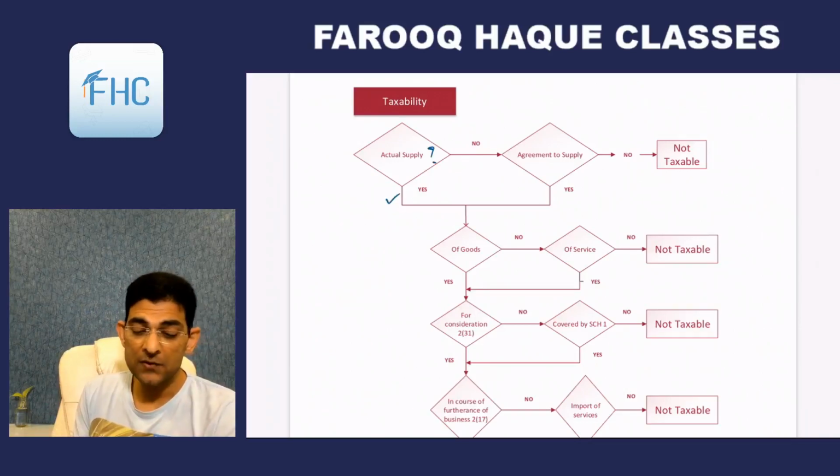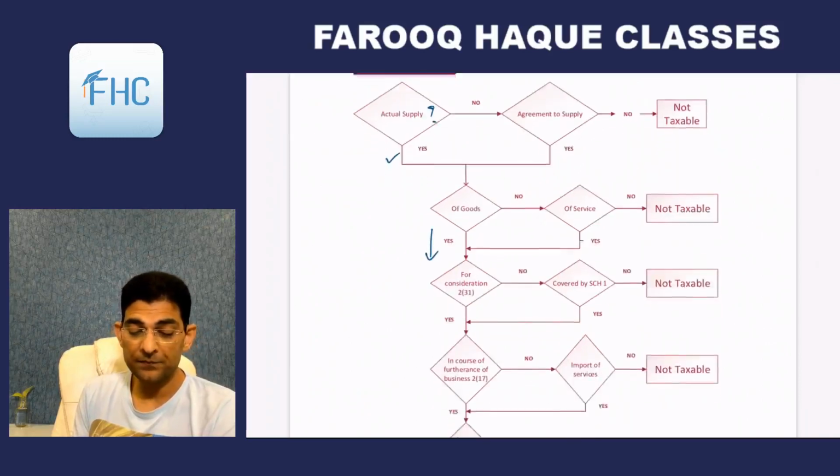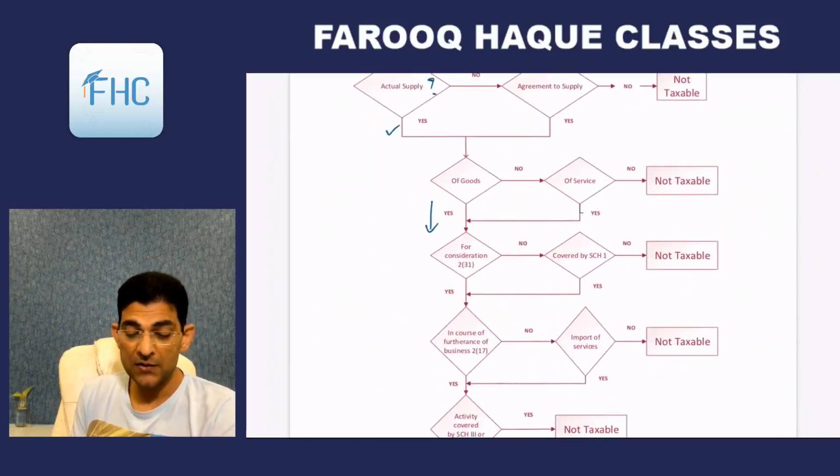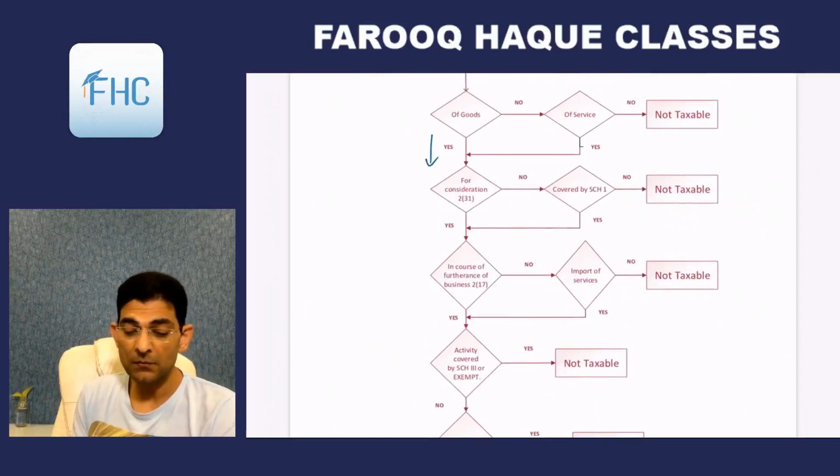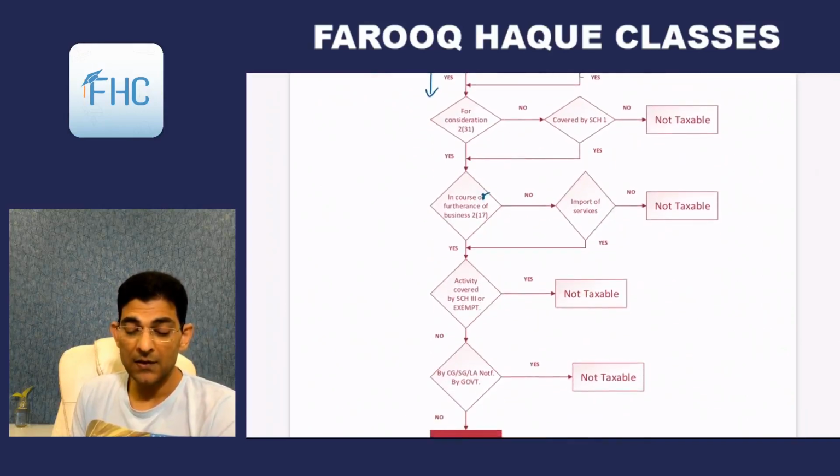If yes, then you ask, is it of goods? If yes, is it for consideration? If yes, consideration is there, then ask, is it in the course or furtherance of business? If the answer is yes, then is the activity covered by Schedule 3 or is exempt? If the answer is yes, then it is not taxable because it is exempt.